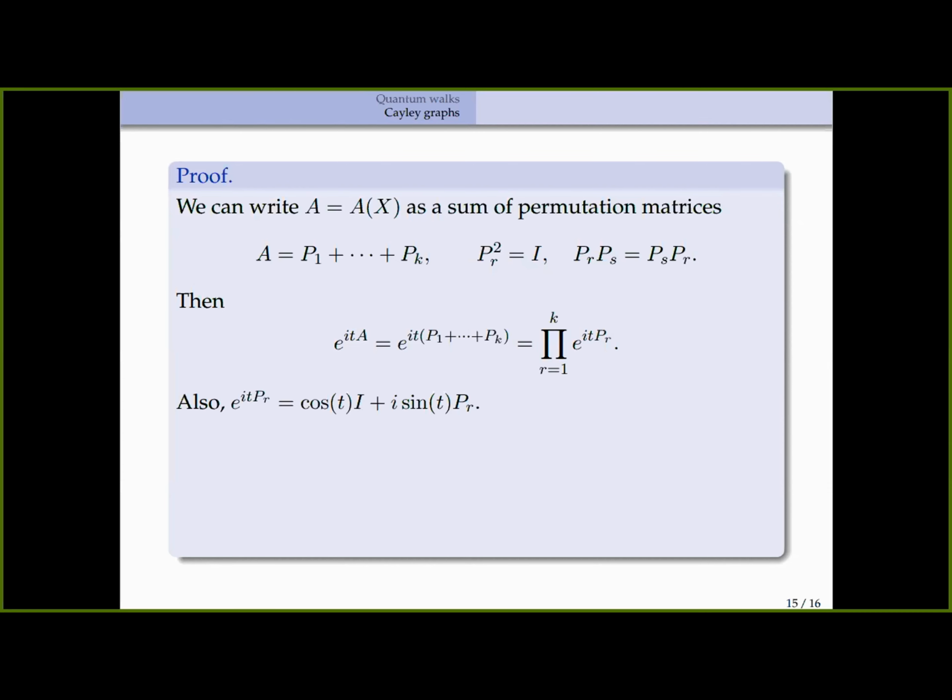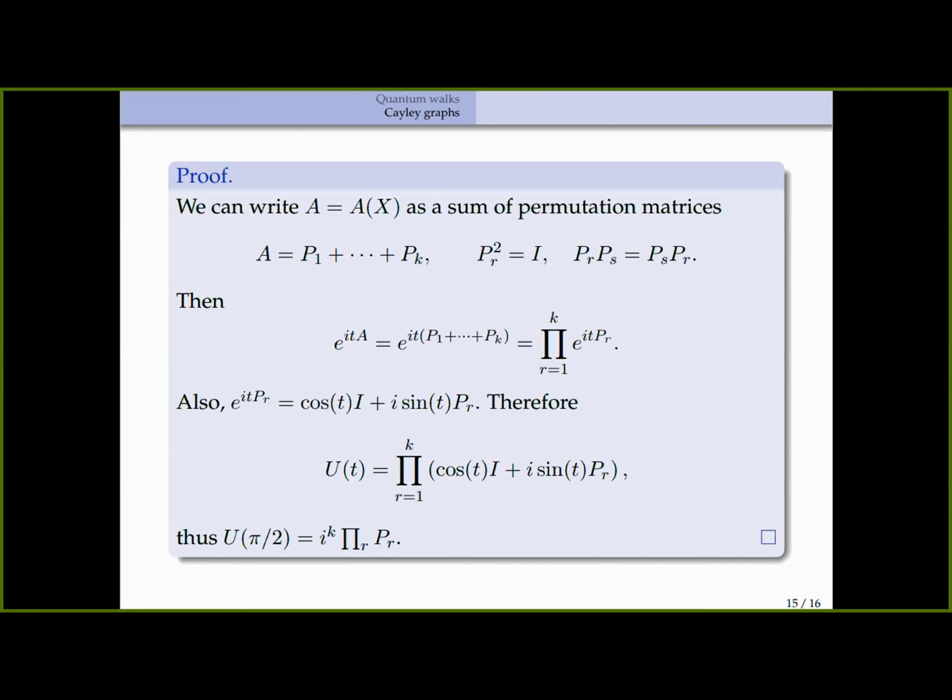And then each factor in this product, just like in our example of K2, because these matrices P_R have order 2, is going to be equal to cosine of t times I plus i sine of t times P_R. So the product can be written like this.